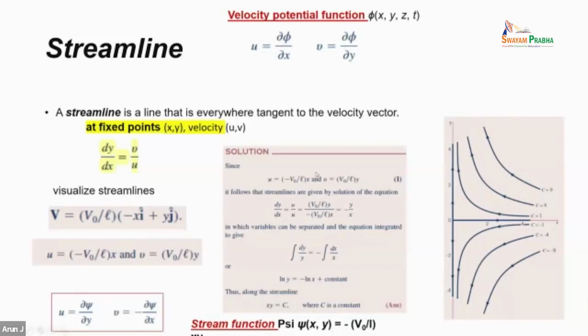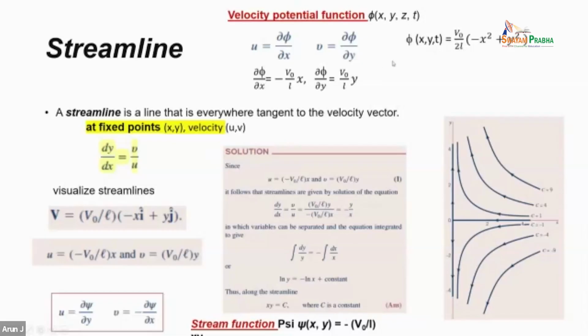So now take this example. We are already given u and v. Now d phi/dx equals u and d phi/dy equals v. You just write the equation directly using the definition.